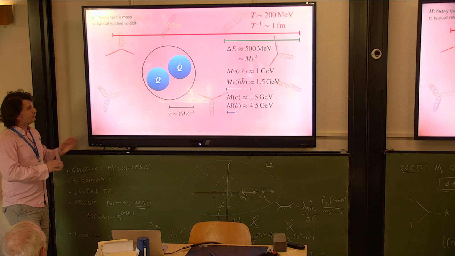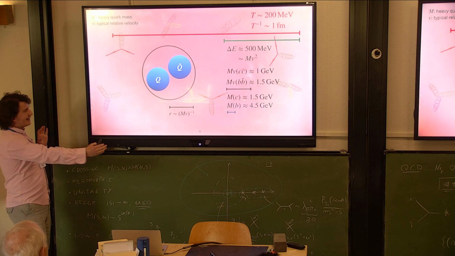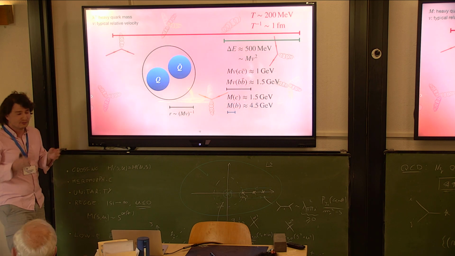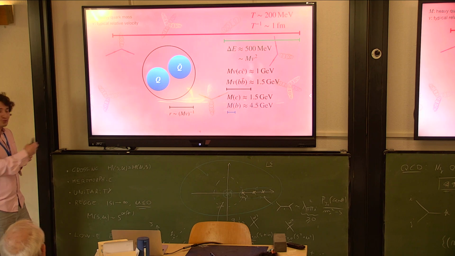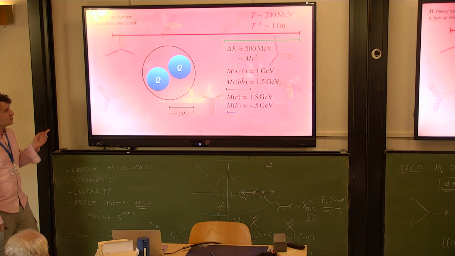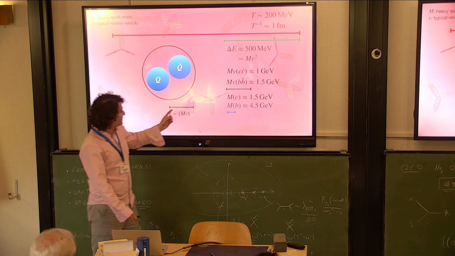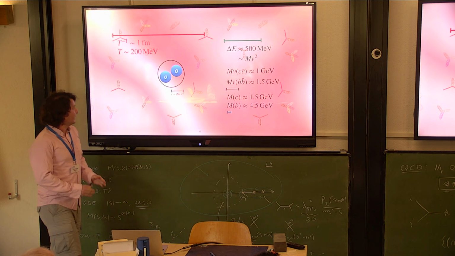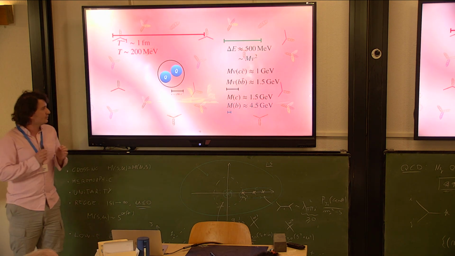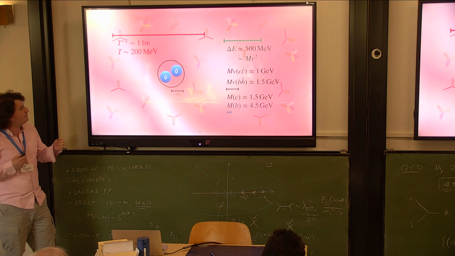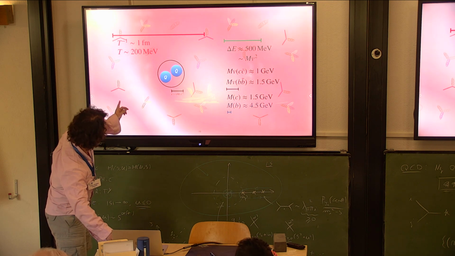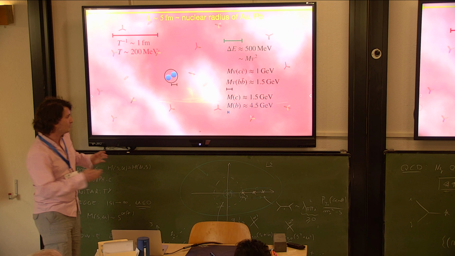If you put this in a thermal background, as in a quark-gluon plasma with a temperature of 200 MeV, which is reached routinely nowadays in heavy ion collisions, you have essentially four scales to think about. But if you're interested only in things that happen over time scales comparable to the temperature, then you can zoom out.